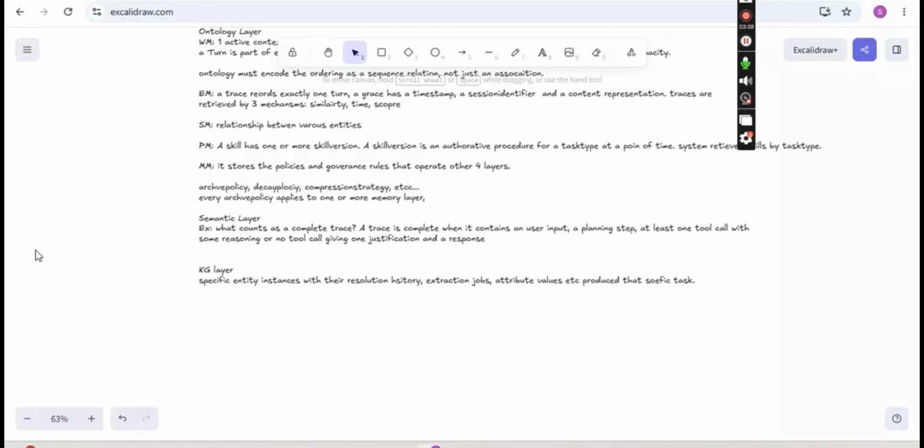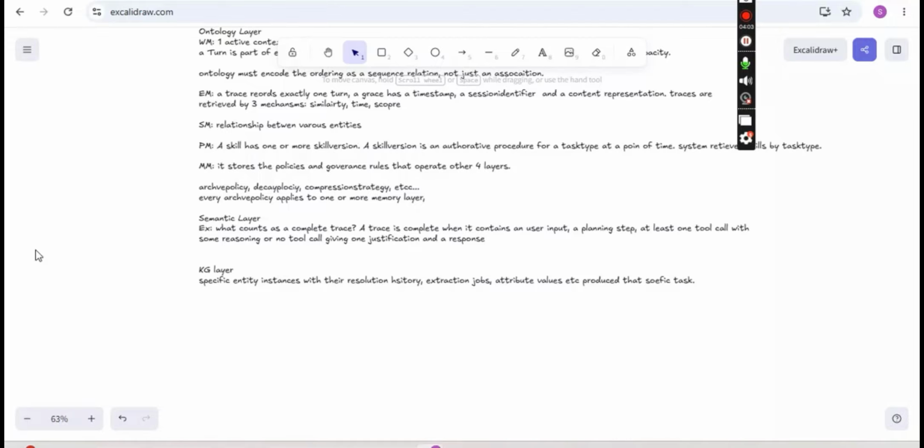Now, in future sessions we have to come up with a design principle that ties all of this together. What will we be discussing there? The five memory layers are not parallel. They are hierarchically dependent, and the direction of dependency matters for knowledge representation. Working memory is the source of all new information.